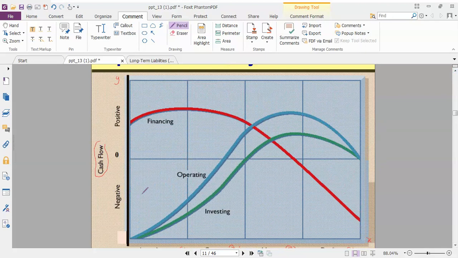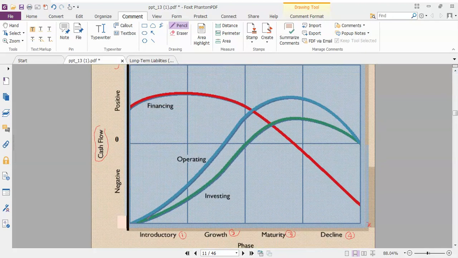So when the product is just starting, you will see the red line is for financing activities, the blue one is for operating activities, and the green one is for investing. Operating and investing activities.